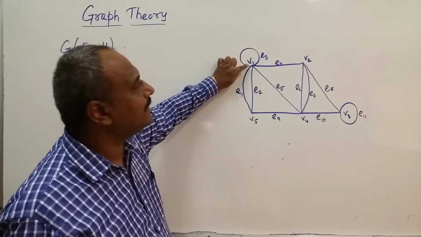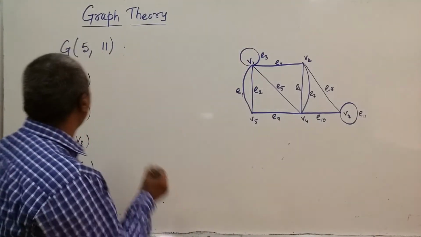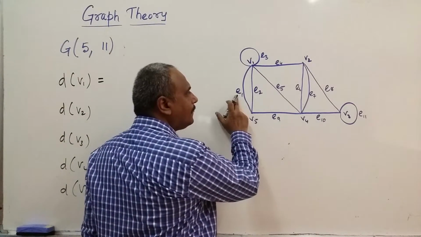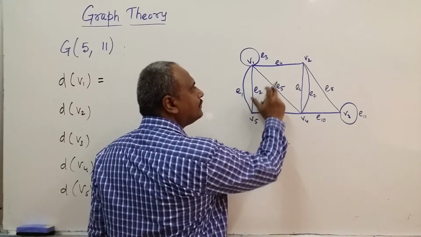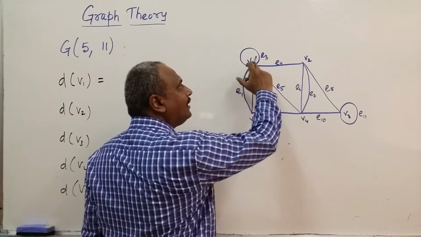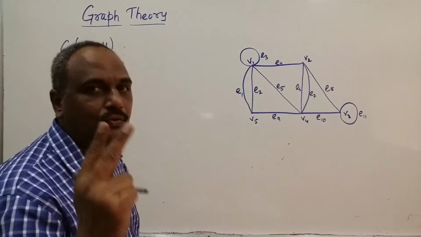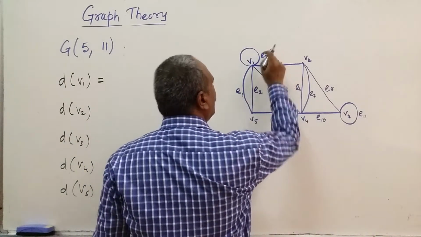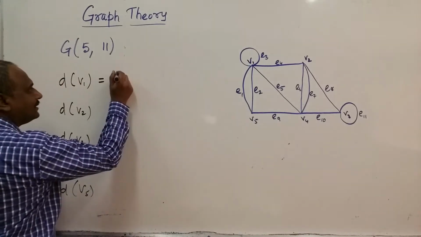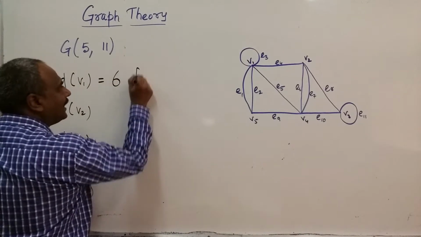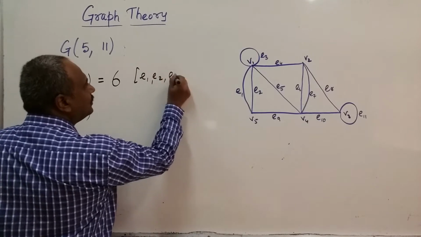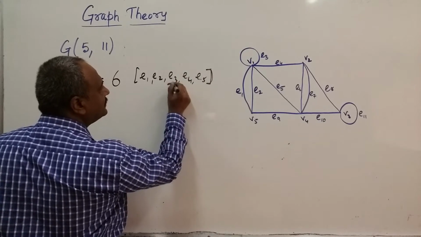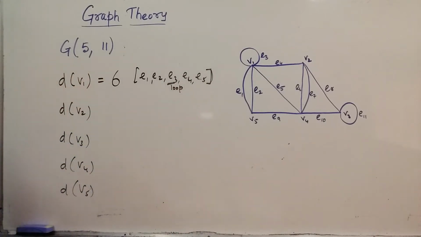Here E3 is a loop, so I count the edges: 1, 2, 3, 4, 5, 6, because a loop contributes 2 to the degree. So the degree will be 6, because we have E1, E2, E3, E4, E5, where E3 is a loop.